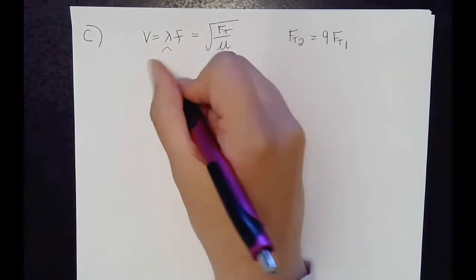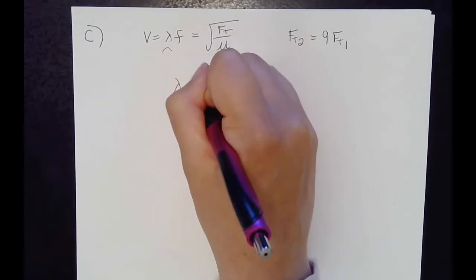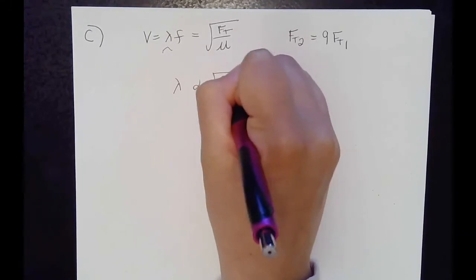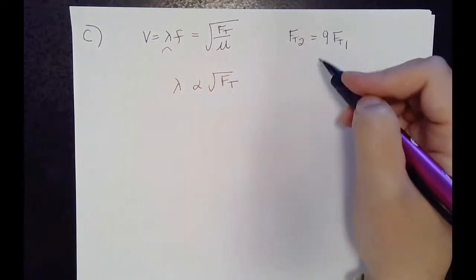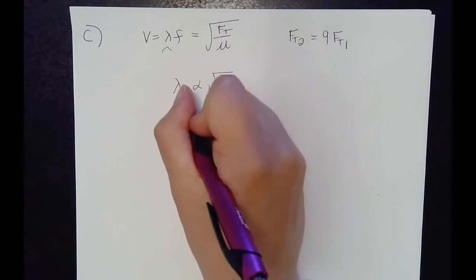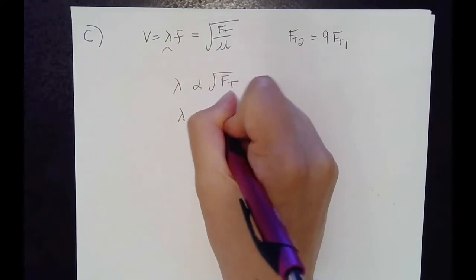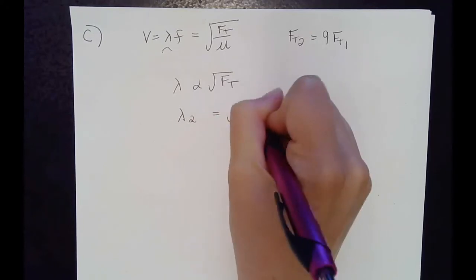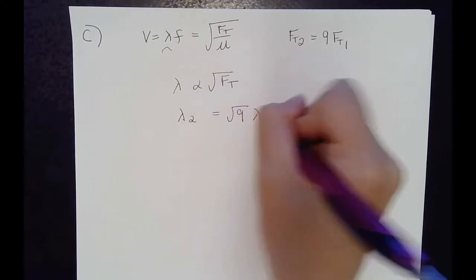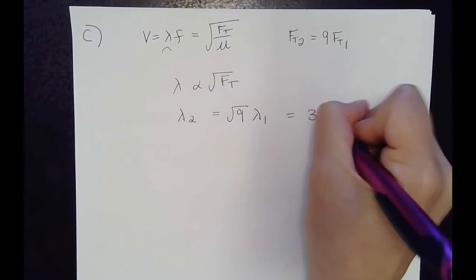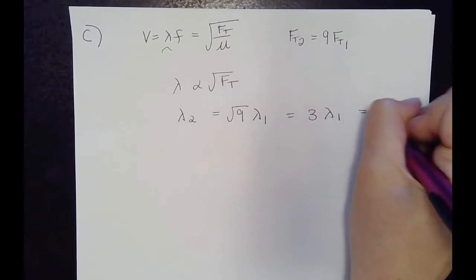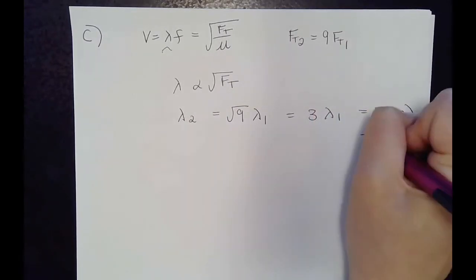Mu is constant as well, so we'll have lambda is proportional to the root of tension. And then tension's increasing by a factor of 9, so lambda will have to increase by a factor of root 9. So root 9, lambda 2 equals root 9, lambda 1. So 3 lambda 1, which is, lambda 1 was 2 meters, so that's 6 meters.